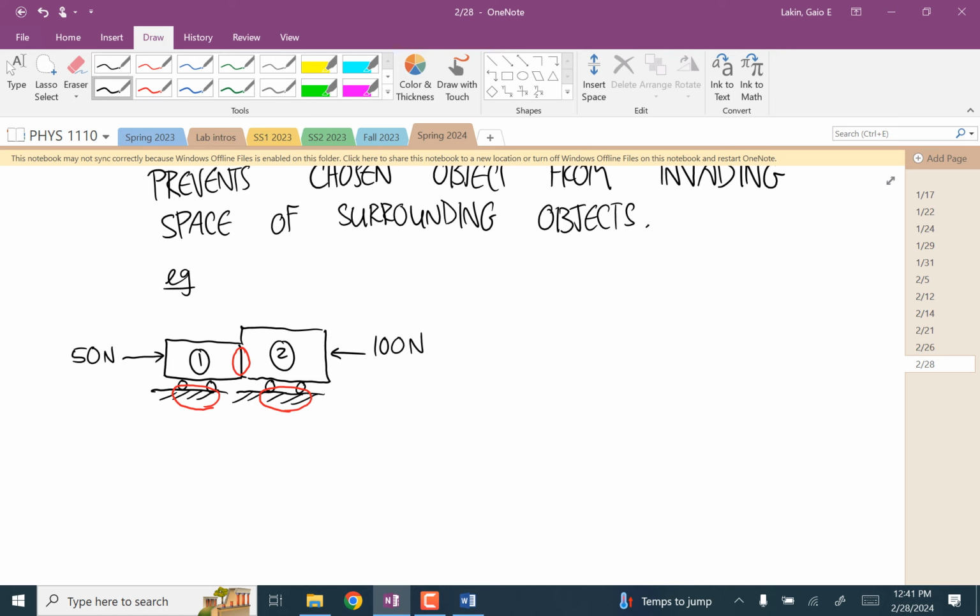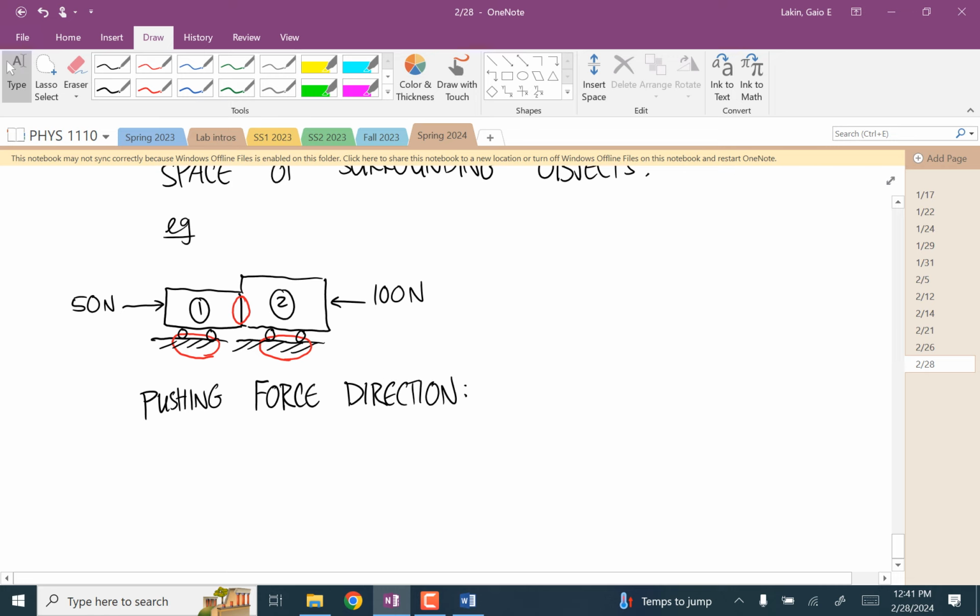So when you have a pushing contact like this, or a pushing force direction, the force is always perpendicular to the surface of contact, toward the chosen body.